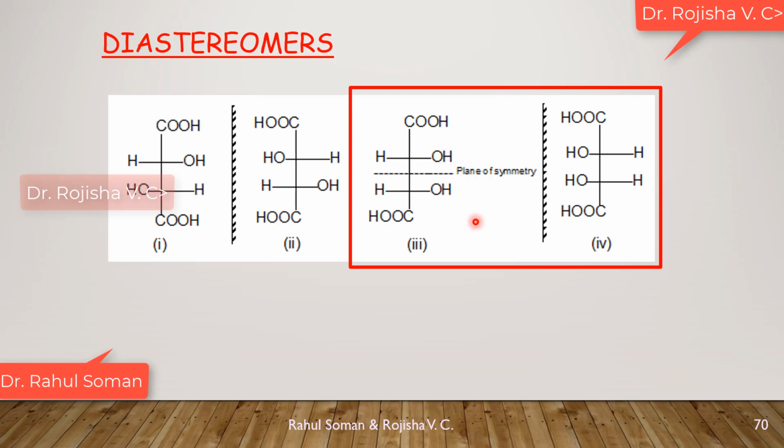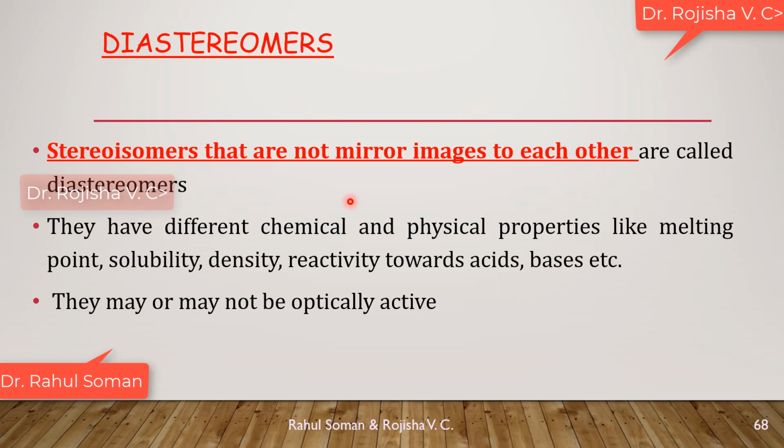So diastereomers are those isomers which cannot form mirror images with each other; stereoisomers that are non-mirror images are named diastereomers. They have different chemical and physical properties, and sometimes they will be optically active, and sometimes they may or may not be optically active.